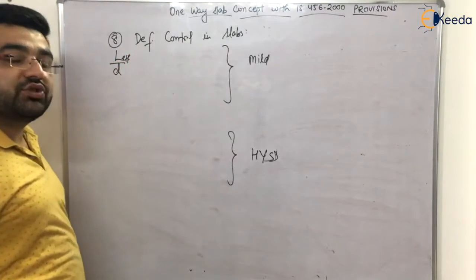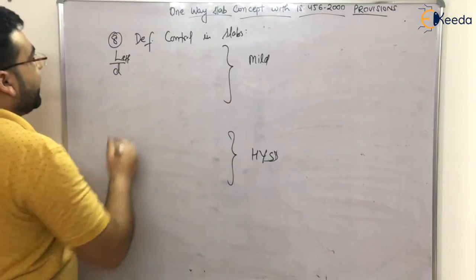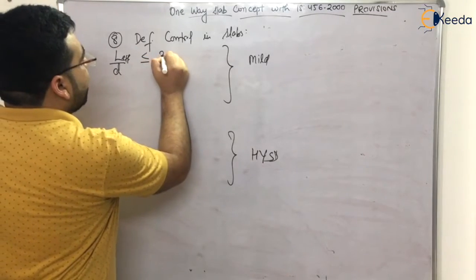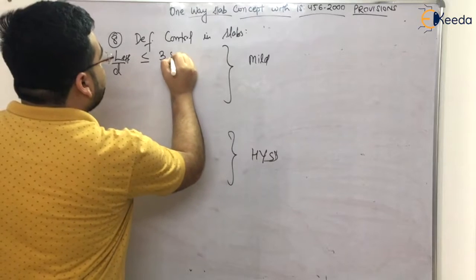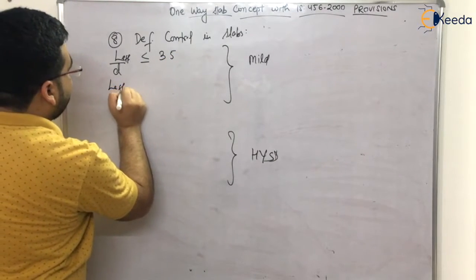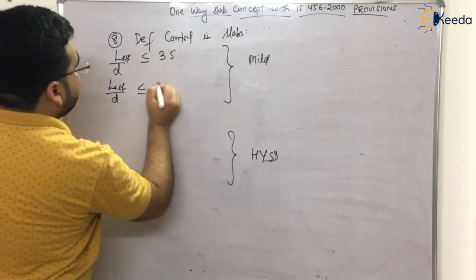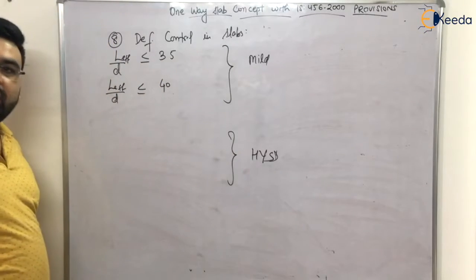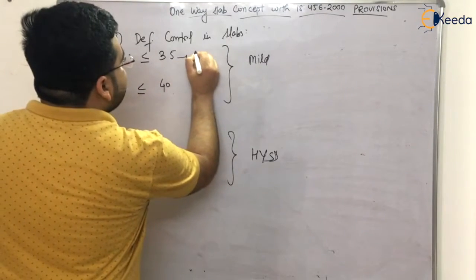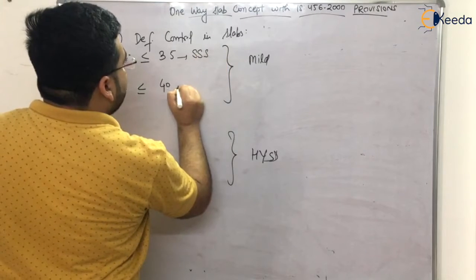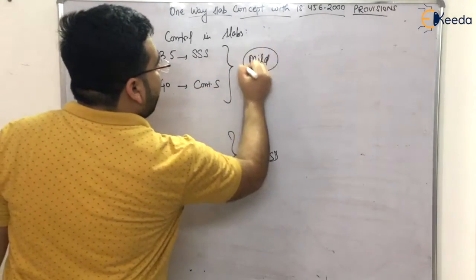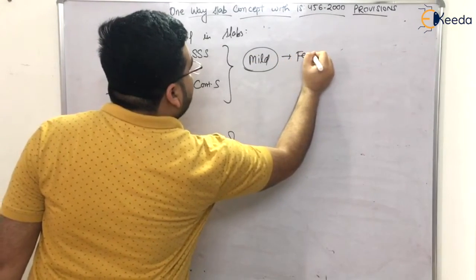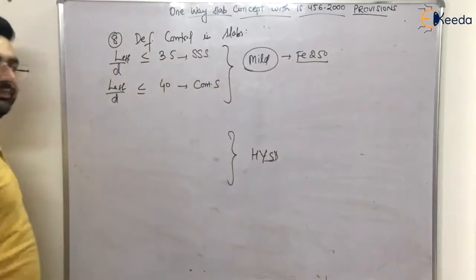Otherwise, don't get confused. So L effective by D ratio should be less than or equal to 35, and your L effective by D ratio should be less than or equal to 40. Clear? This is for simply supported slabs, and this is for continuous slabs, if you are using mild steel, that is Fe250.